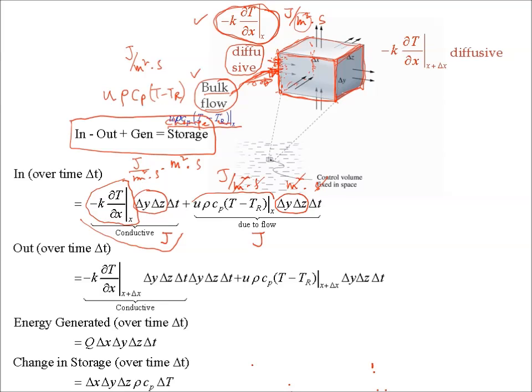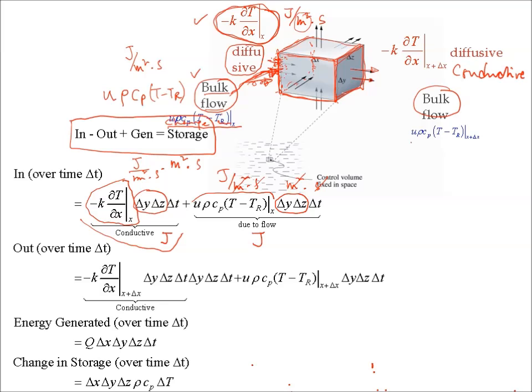Okay, and it's not just coming in, things can also go out. So energy can go out, again, the same two ways. One is diffusive or conductive, and the other is by bulk flow.